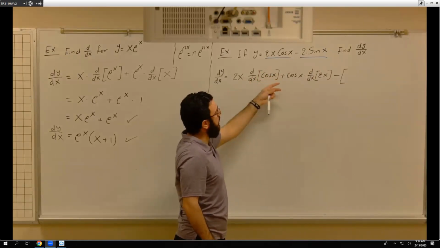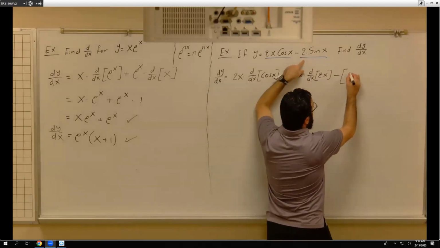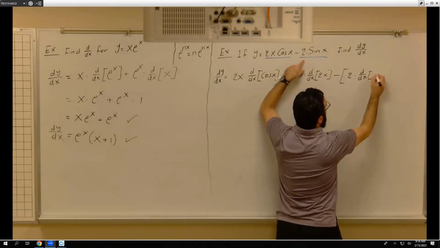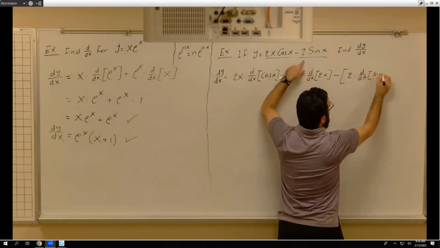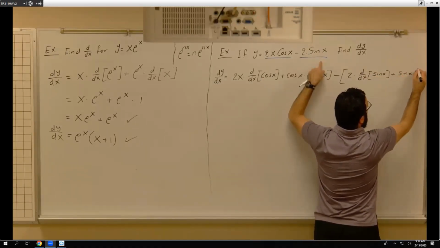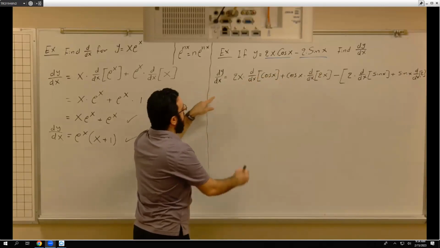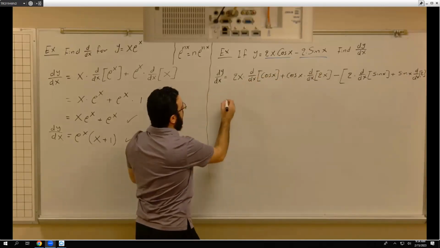Let's check that because it's two functions. So I'm going to say here is the first one times the derivative for the second one, which is sine x, plus the second one, which is sine x, times the derivative for the 2. Let's check that. Okay, 2x.